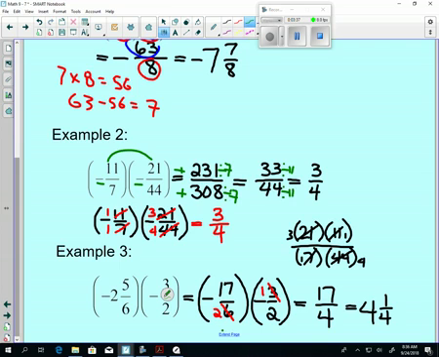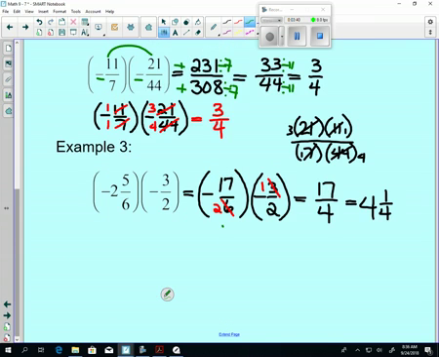Our third example. This time we have a mixed fraction, minus 2 and 5/6, and it's a negative multiplied by negative 3 over 2. So the first thing we do is change this negative 2 and 5 over 6 to an improper fraction.